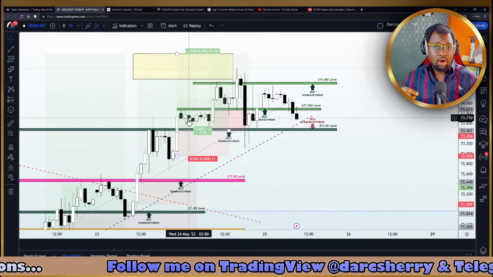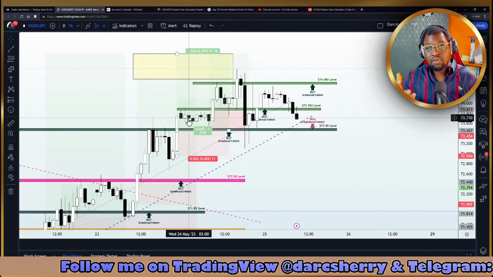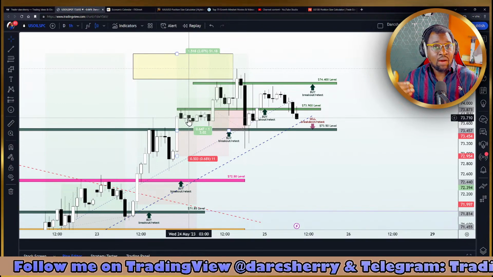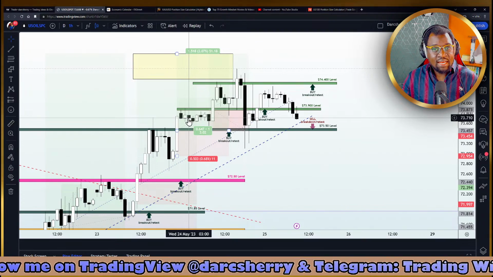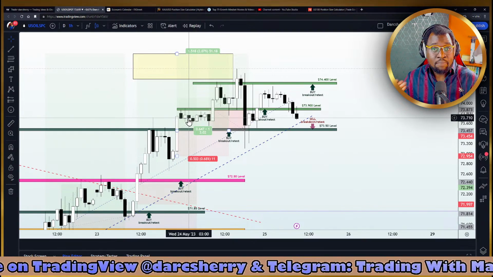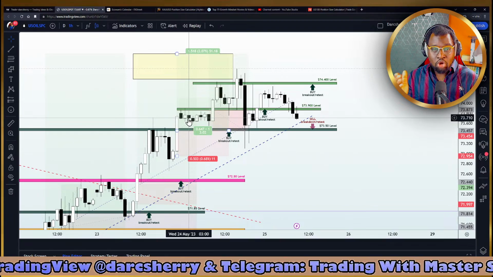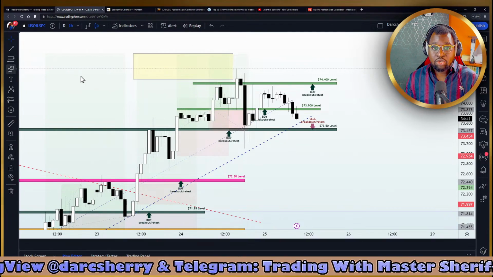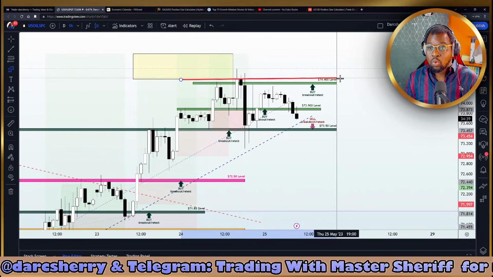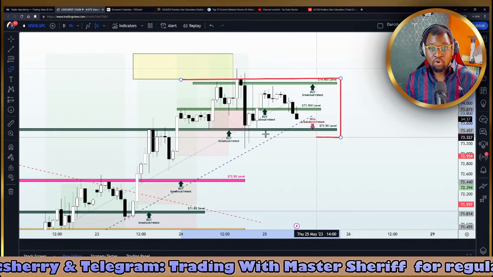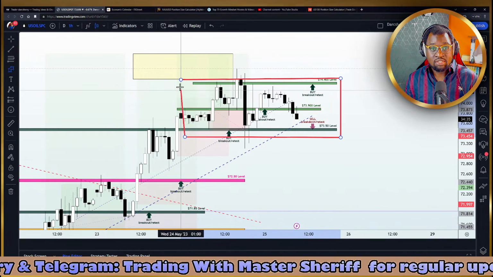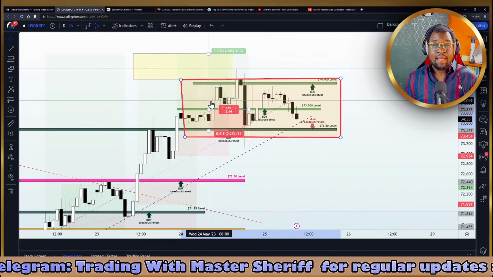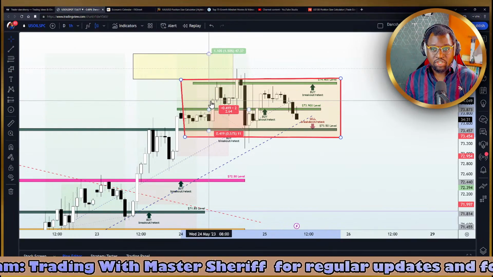What do we want to see on this chart that will make us feel confident to change our bias from bearish, at least in the meantime, to a bullish momentum? Now, you all know how we do it here. Whenever we do have a flat channel, we want to see a breakout of that structure to signal that this whole structure we have here is turning out to be a trend continuation pattern.